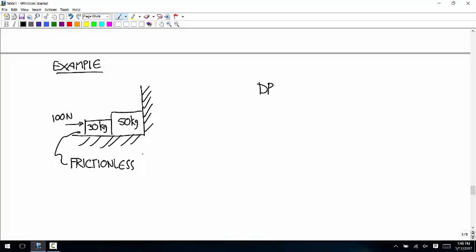Just need to draw free body diagrams of each box. So a free body diagram of the 30 kilogram box.